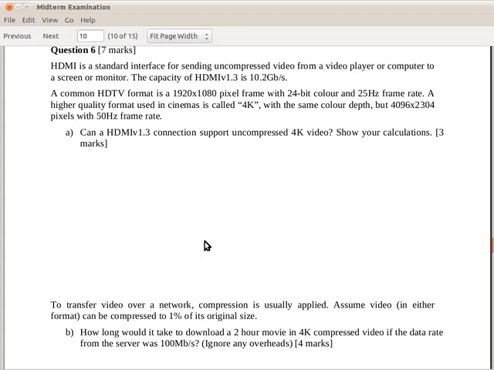So in 1 second, the number of bits in this video is 25 frames per second times the number of pixels, 1920 by 1080, times the number of bits per pixel. Multiply those 4 numbers together and you get the number of bits per second.